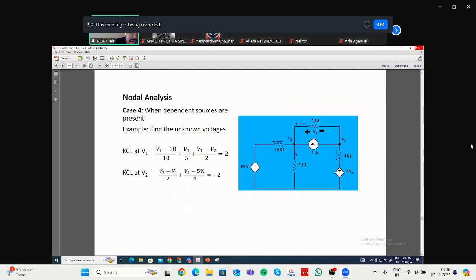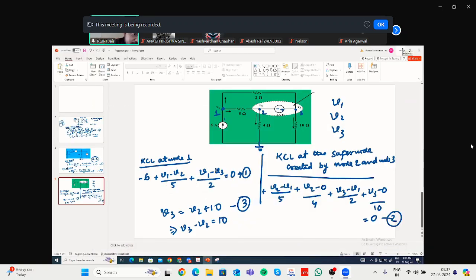Next case we'll consider. I am giving you 1 minute with the supernode, since I know it is a very important concept. Just look at the problem and the equations that are written.